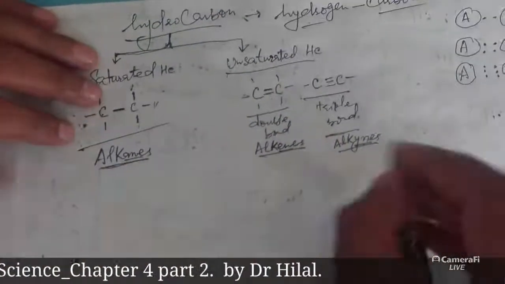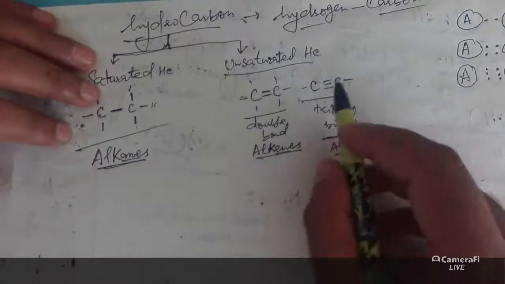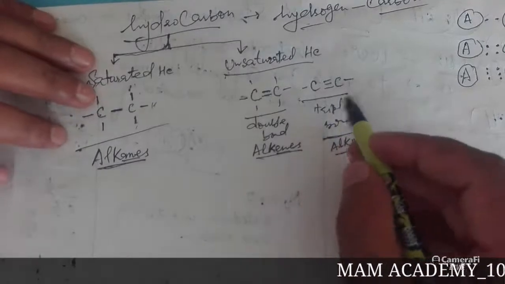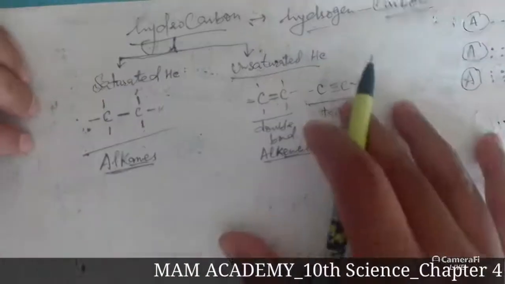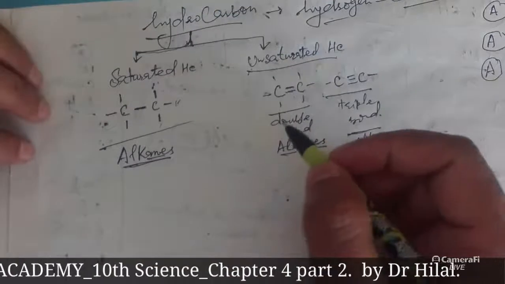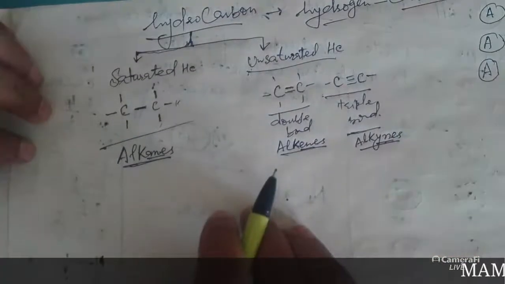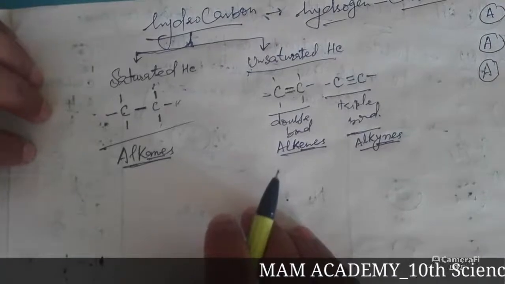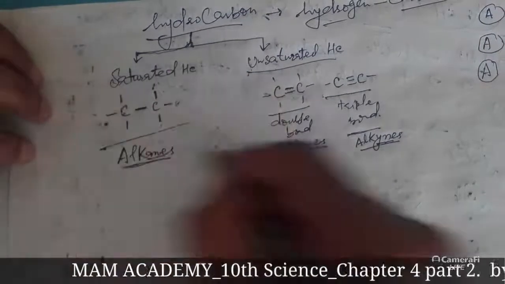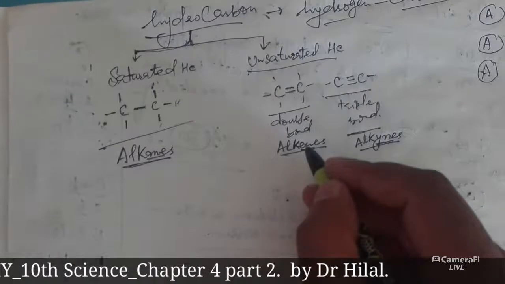In alkynes we have at least one triple bond present in that hydrocarbon. Then, as we saw in the last session, we can create the electron dot structure for all these. It is always possible, no problem for that.